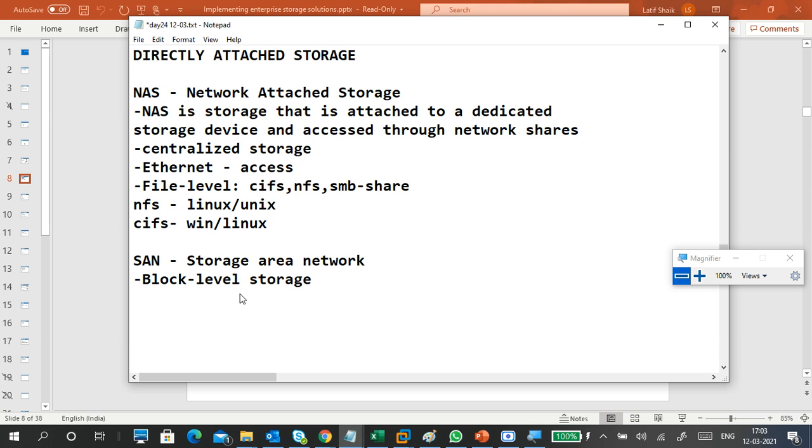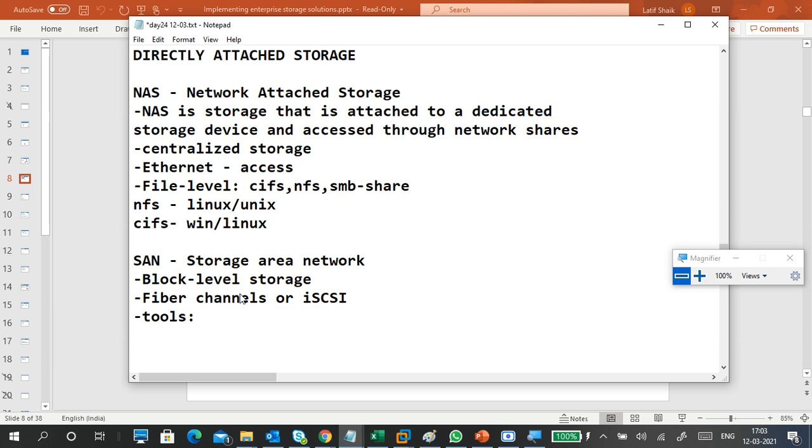I will tell what block level storage is. Normally fiber optical connections are required, we use the fiber optical channels, or we can do it with normal iSCSI, in iSCSI boxes also. iSCSI is common to both. Normally we use fiber optical channels to connect it, and we need special tools.